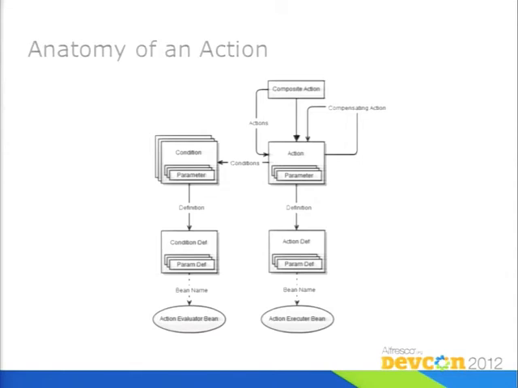So if you want to check some condition on the node you're operating on before executing it, you can do that. And again, there's definitions. We also have the concept of a composite action, so we can string a number of actions together in a composite action, and they will be executed sequentially.